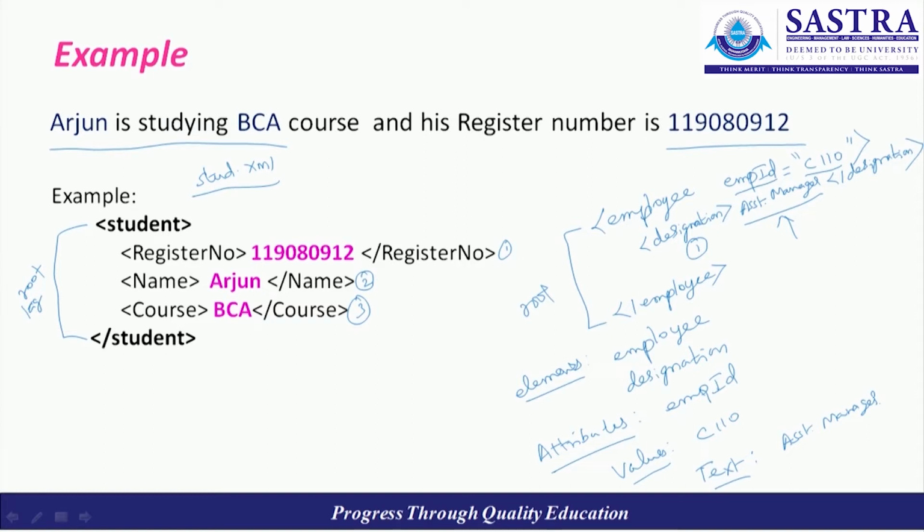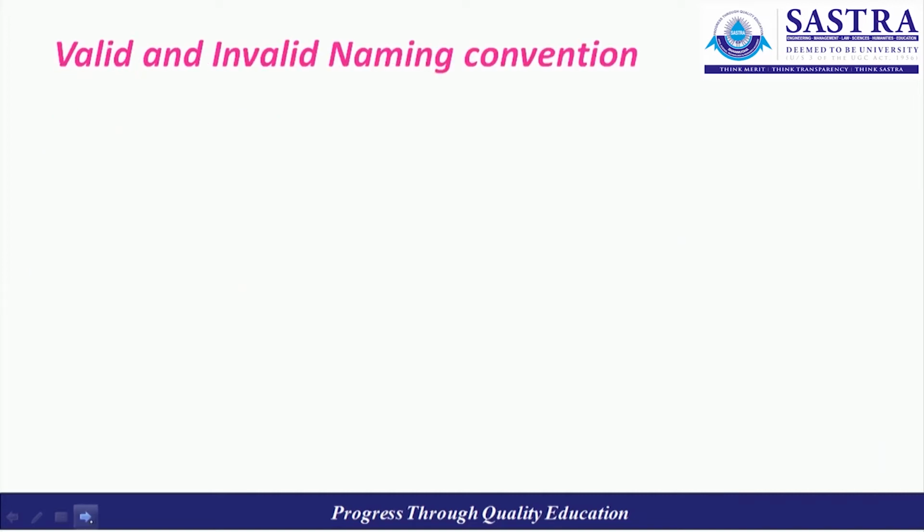So, this XML document can be written in a different way. Look at here. I want to create the same XML document. I have employee, can I have it like this?